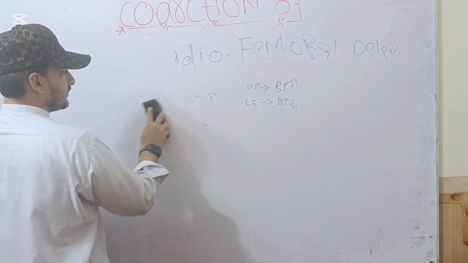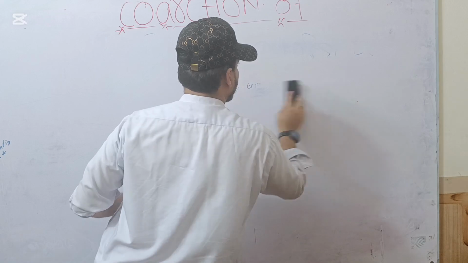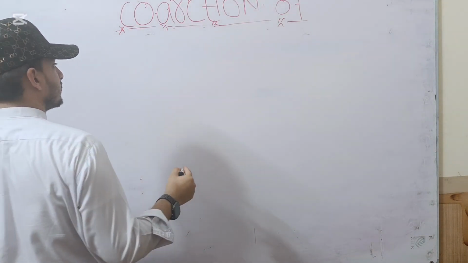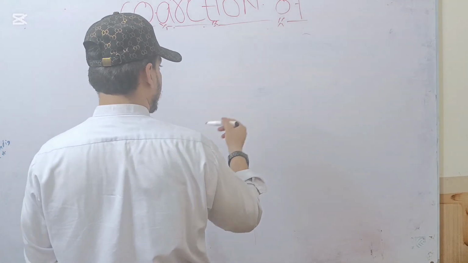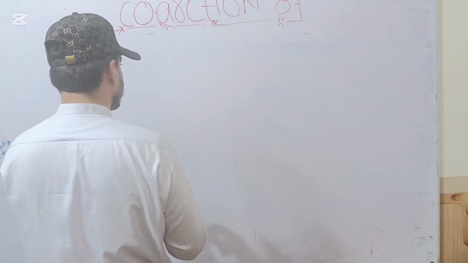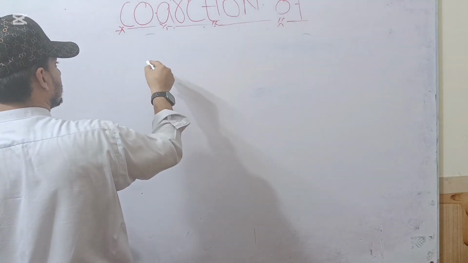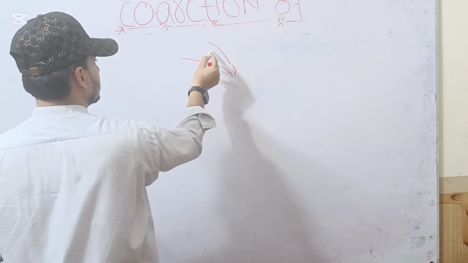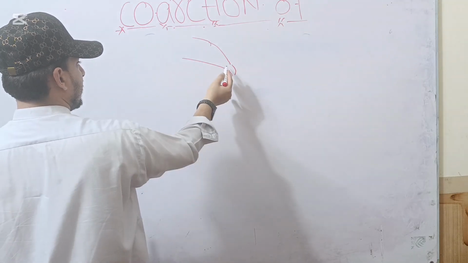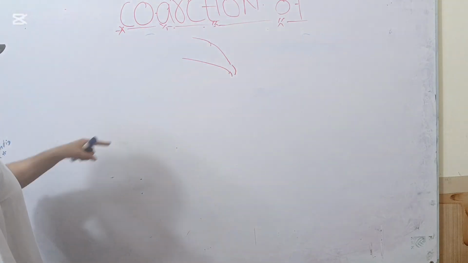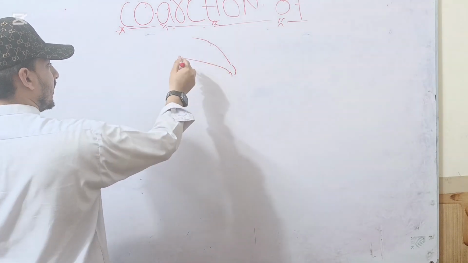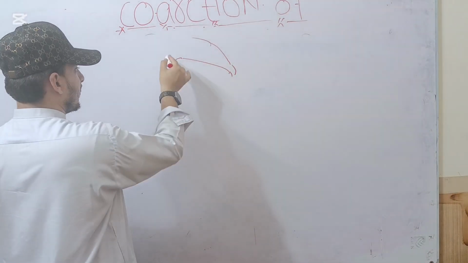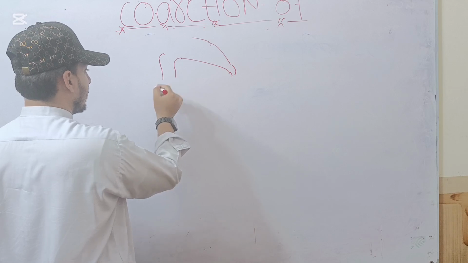Now the third point. What is the third point here? Let's assume that there is a brachiocephalic artery, and one branch coming from it is the subclavian artery.